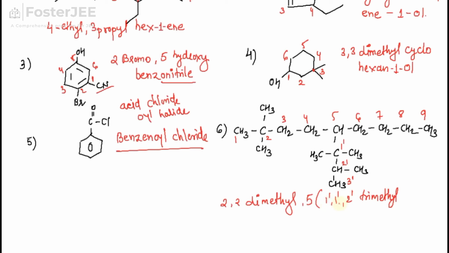So it is 1, 1, 2 trimethyl propyl, and the root name will be non and the suffix will be ane because it is single bonded. So the name of the compound is 2,2 dimethyl 5 (1,1,2 trimethyl propyl) nonane.